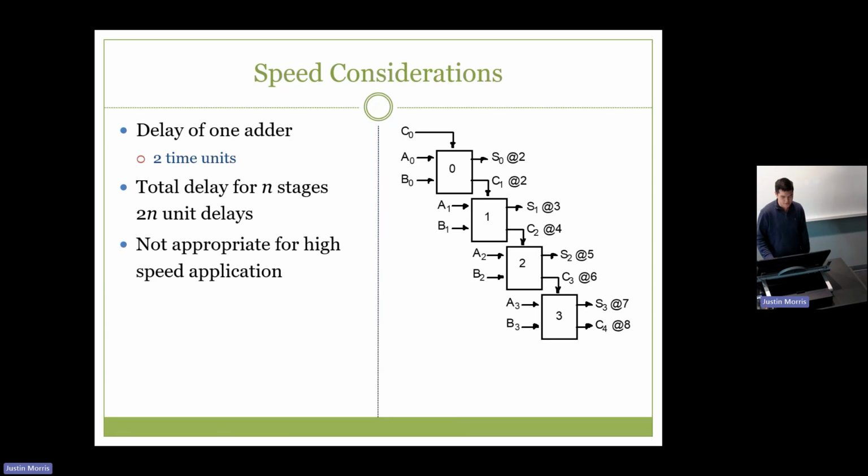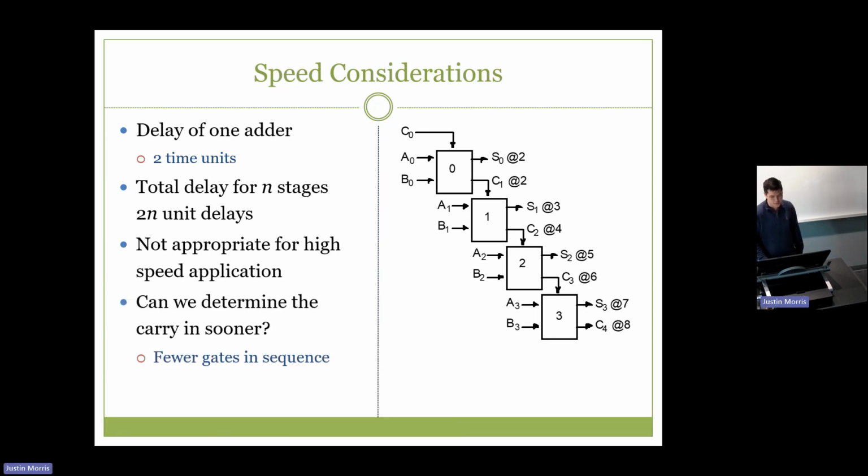So this is not good for a high-speed application. If we did this in, say, the CPU, then our cycle time would be impacted. So we need to be able to make the same computation adders, but in a more speed efficient way. So we want specifically fewer gates in sequence.